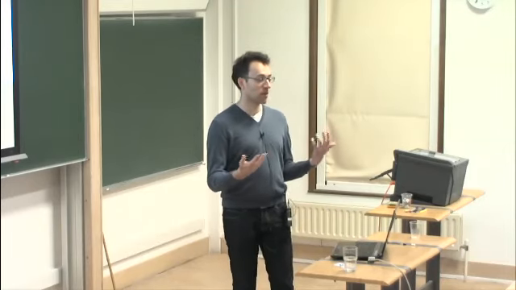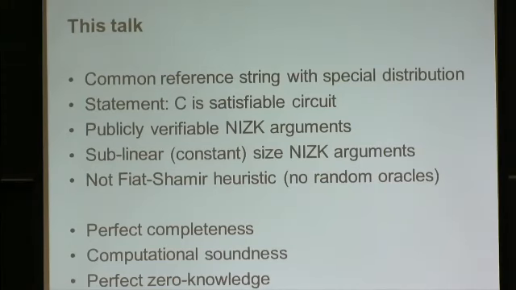But there are actually examples of non-interactive arguments made with the Fiat-Shamir heuristic that are provably insecure. So the goal here is to do that without using the Fiat-Shamir heuristic, without using the random oracle model, and get something based on assumptions that may actually be true in the real world.